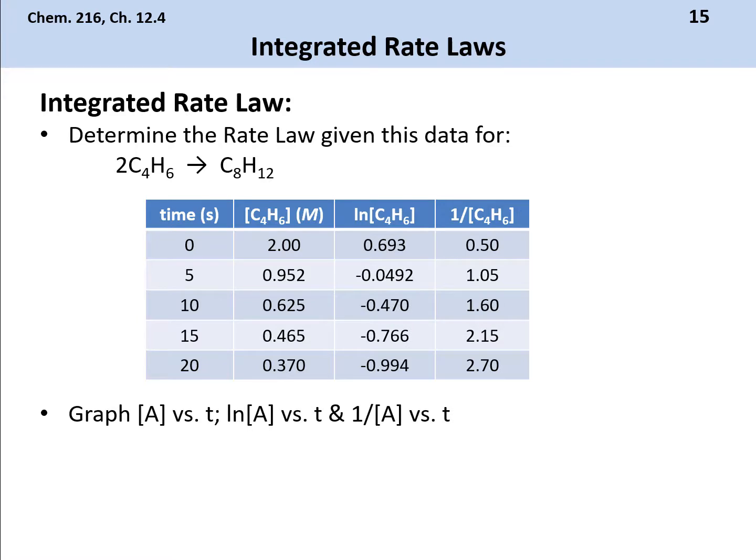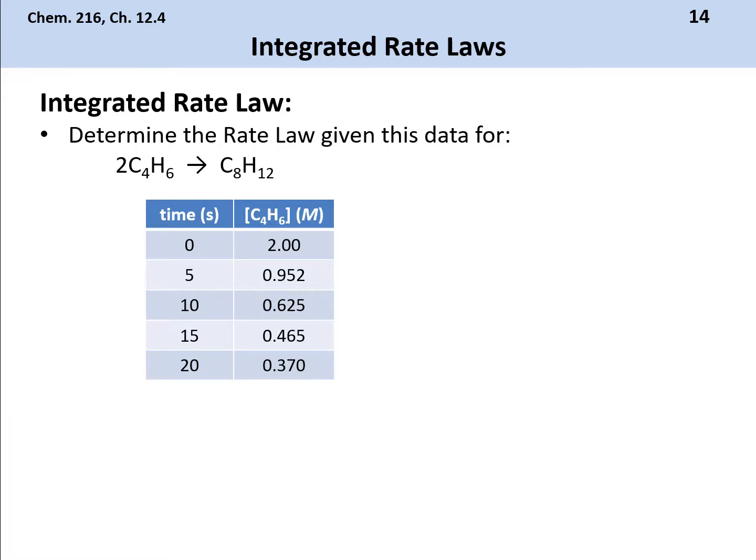Okay? What I can do is I can use my calculator and I can find the ln of 2. Make sure you know how to do this on your calculator because you're going to have to do this on problems, right?